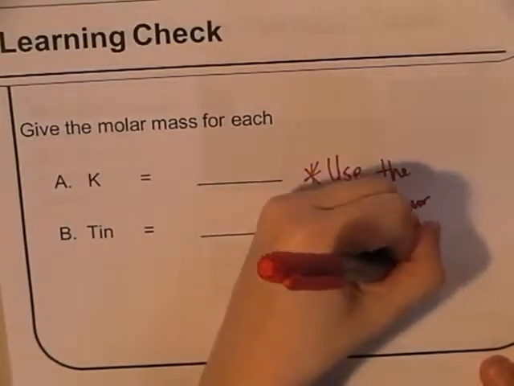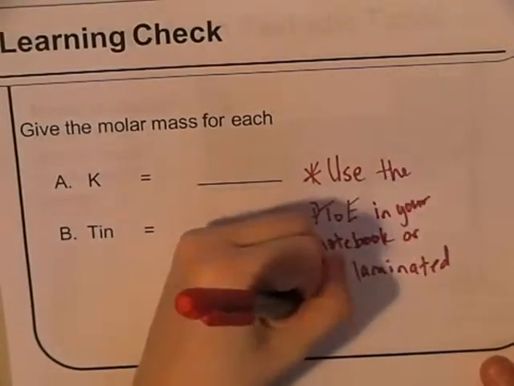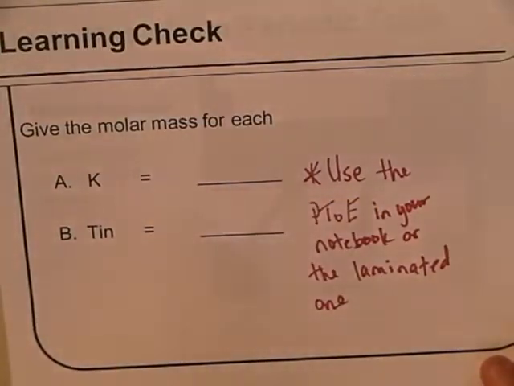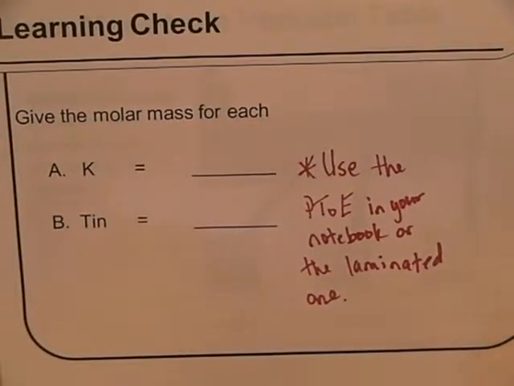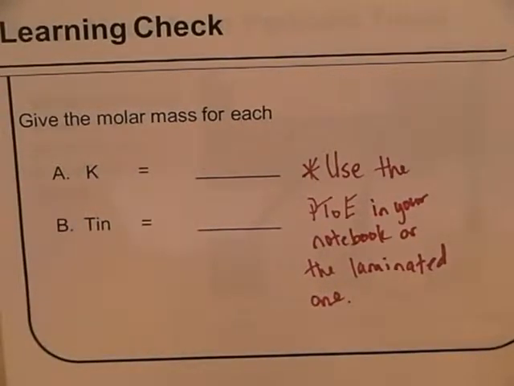All of those only go 2 past the decimal place. If you use the one on the wall, I know we all love that periodic table, but that one gives way more decimal places than you ever need. So if you stick to the one that I gave you, or the one that you use on your tests and stuff, the laminated one, those are the numbers I always use. So if you always want your work to match mine exactly, use that one.